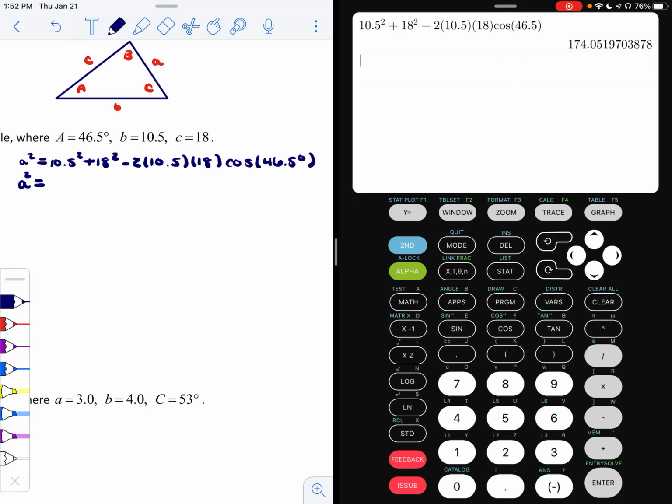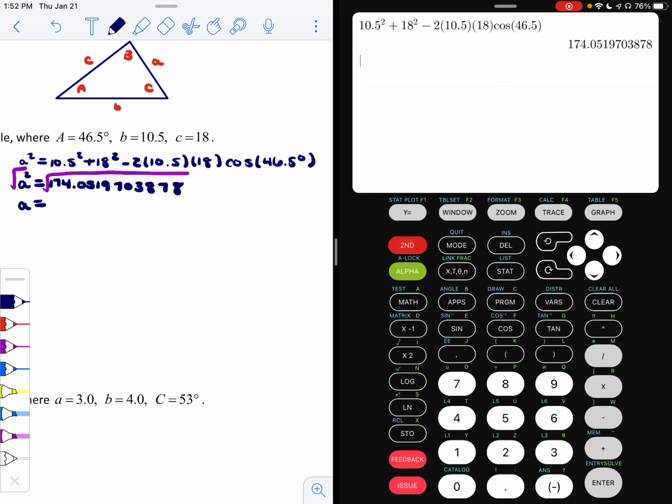So a squared is equal to 174.0519703878. Then we just need to take the square root of both sides to isolate a.